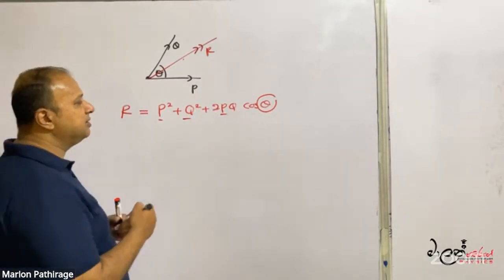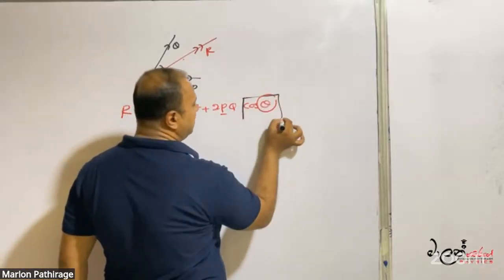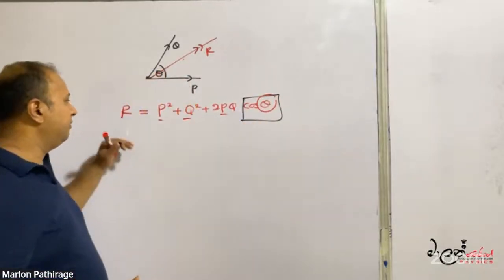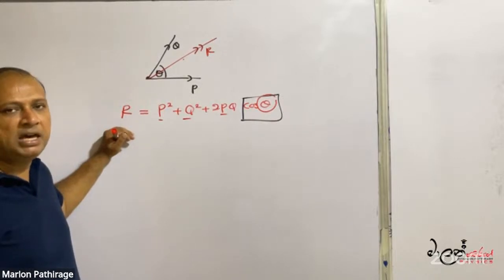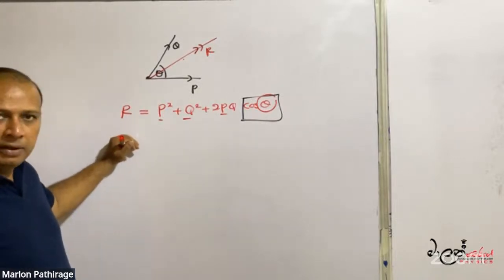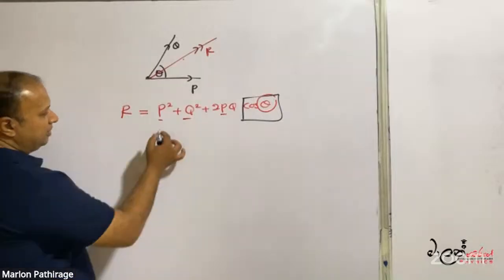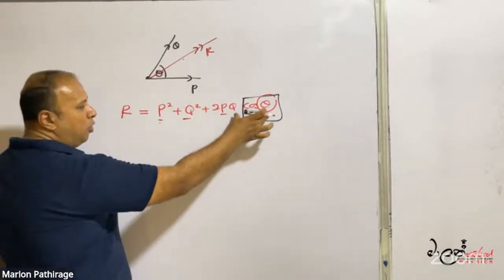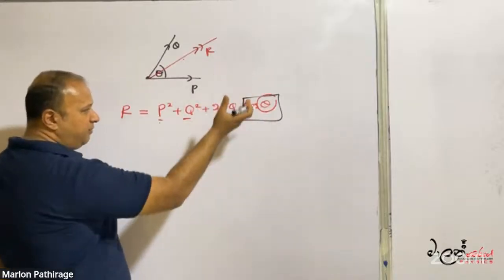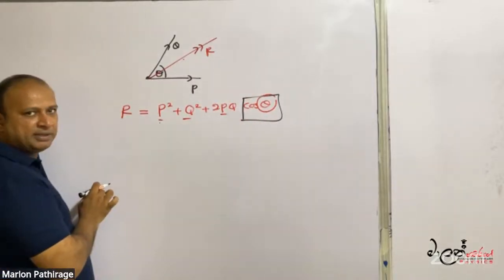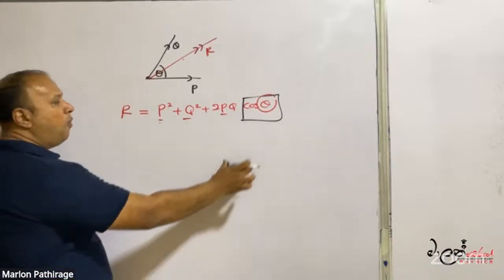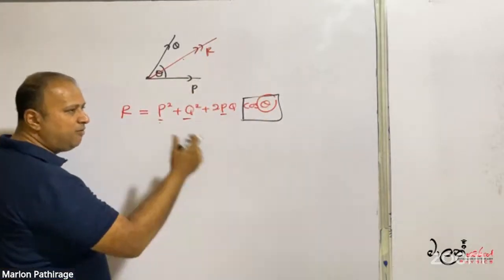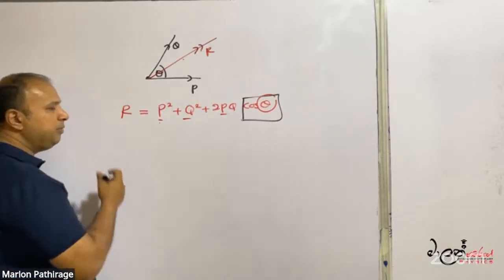Because the other terms are constants, when this value is a maximum, definitely R will be a maximum. When this value is a minimum, R will be minimum.